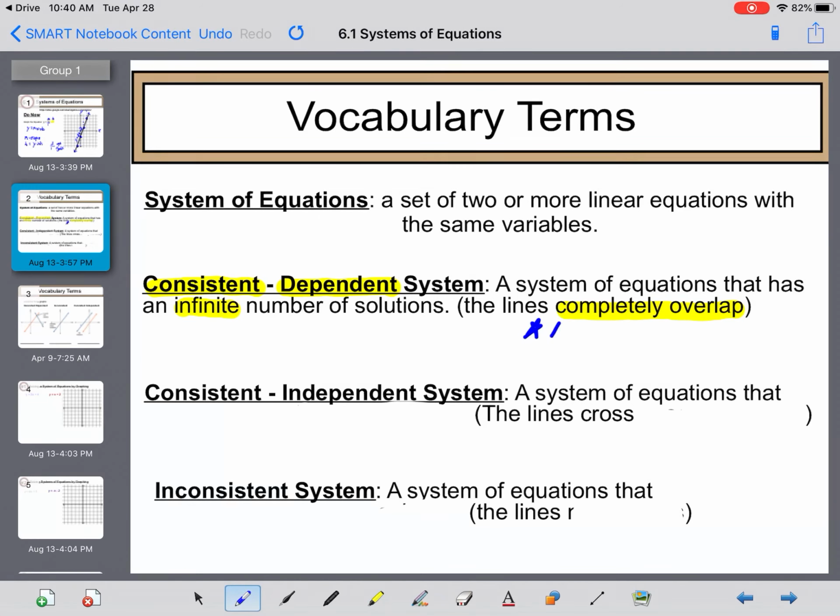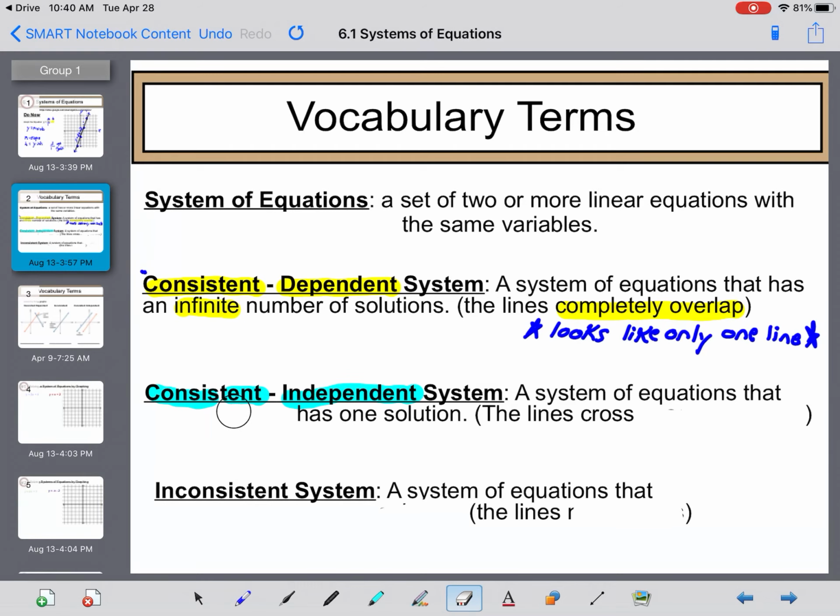And I'm going to put a little note here. It looks like only one line. So if we're dealing with systems of equations and we look at the graph and I only see one line, that means consistent dependent. Now, the second type is consistent independent.